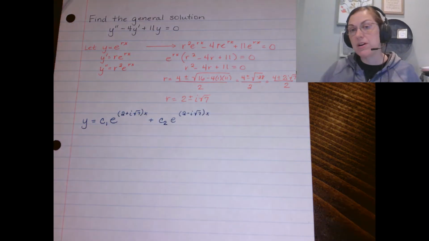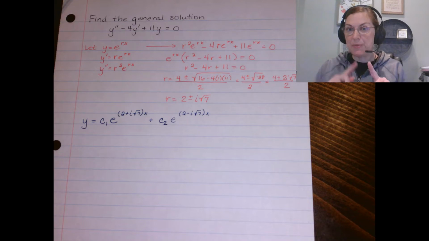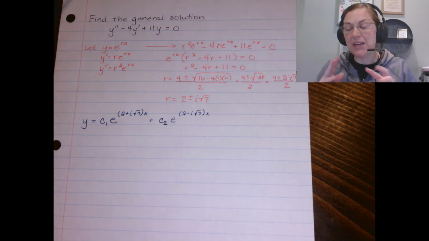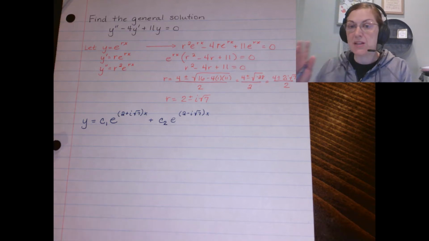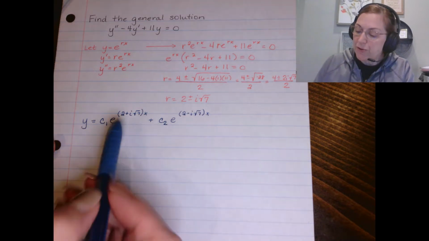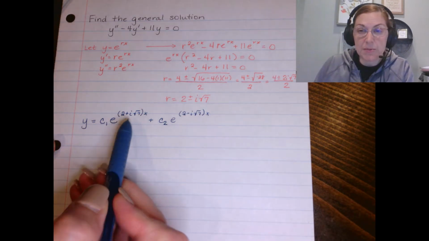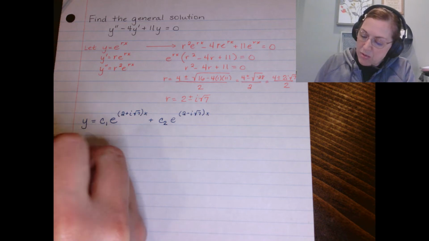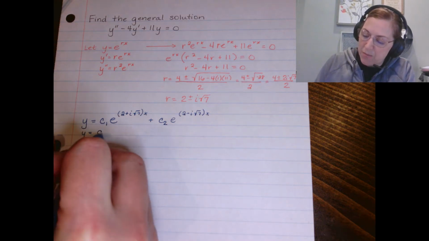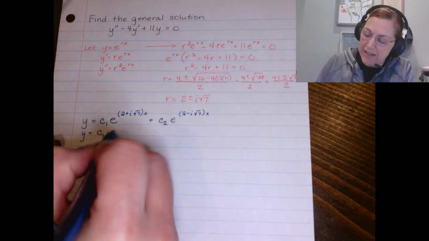Okay, and this is where I find that it gets to be a little bit tricky. We really have to do some simplifying, really use some of our exponent properties, and then we're going to use a formula too. So first of all, we know that when we multiply powers with the same base, we add the exponents. So I'm going to break these apart into what they were before we added those exponents.